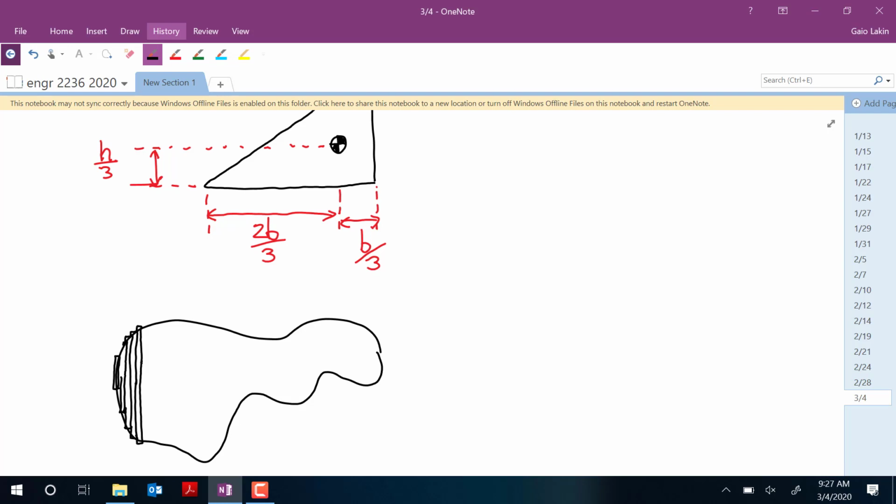Are you going to do it as a bunch of disks? If it has an axis of symmetry, you could do it as a bunch of disks. You remember thinking this way in Calc 3, too? Yeah, okay, solids of revolution or something. Any other questions about that?